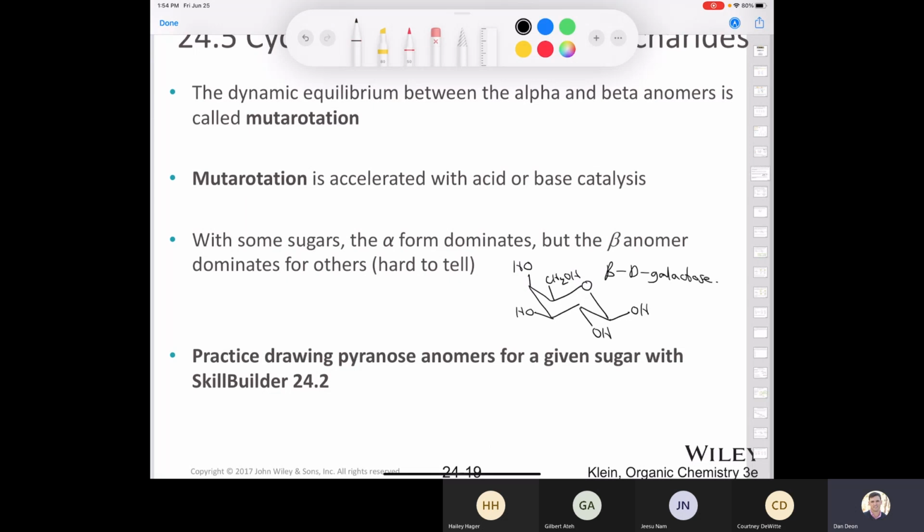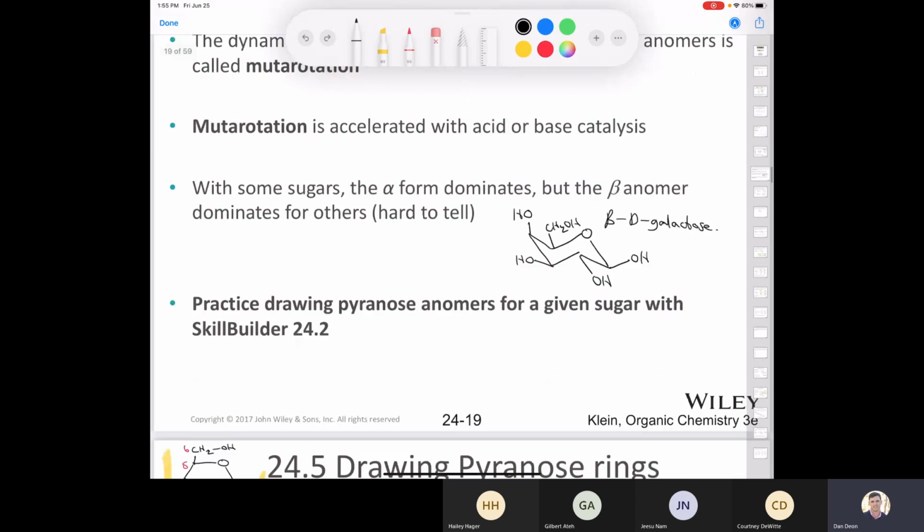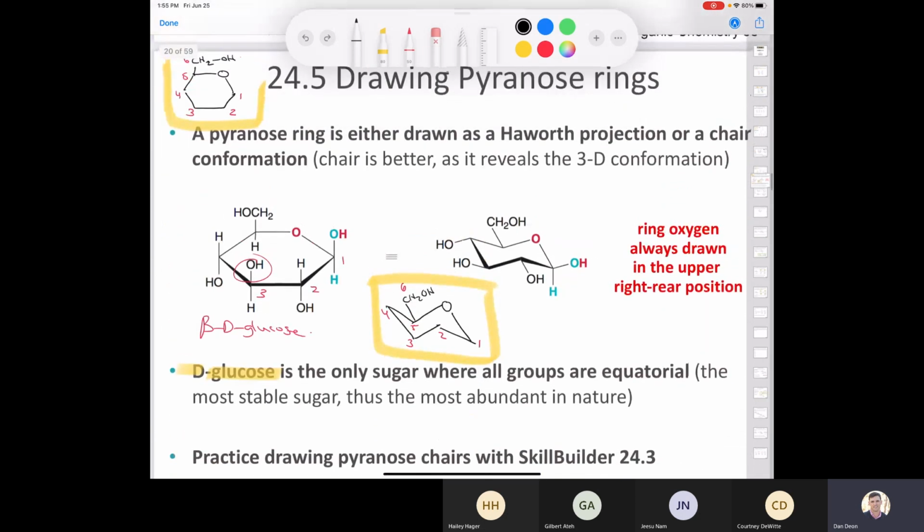The reason why galactose isn't as abundant as glucose is because you have one of the hydroxyls being axial. And galactose is found in lactose, because lactose is a disaccharide that is made from glucose and galactose. We'll look at its structure later on today.